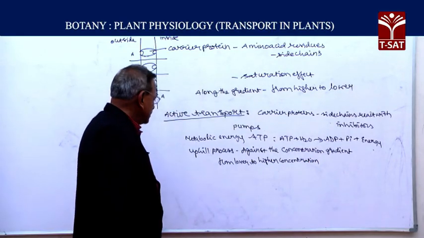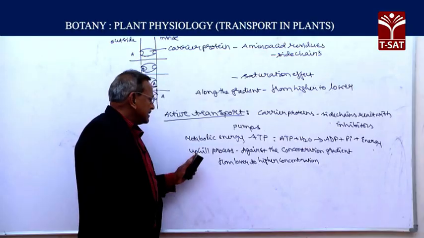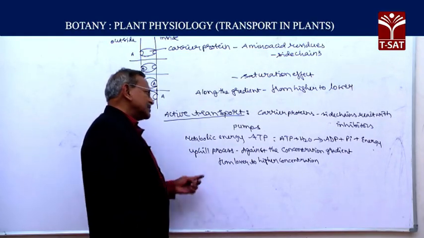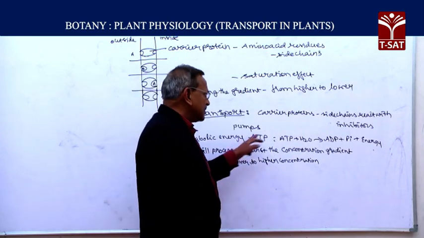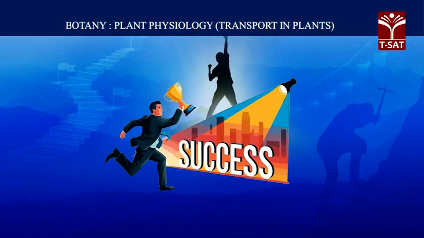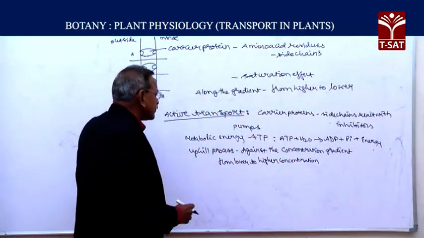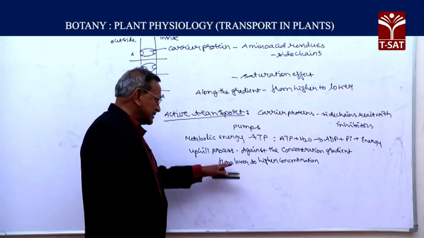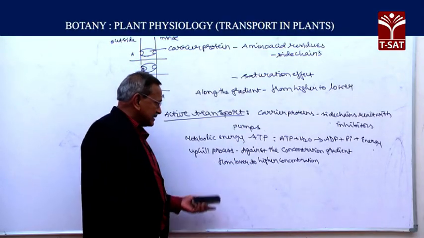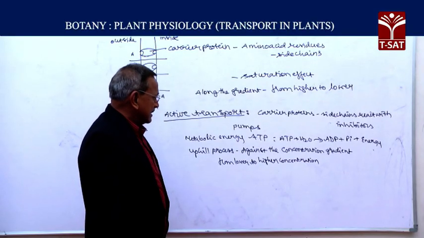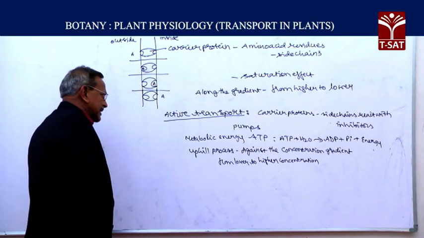From lower to higher concentration, it requires metabolic energy. The consumption of ATP. ATP is hydrolyzed, producing energy. Using that energy, different solutes move from lower concentration to higher concentration. This is described as uphill process or against the gradient.